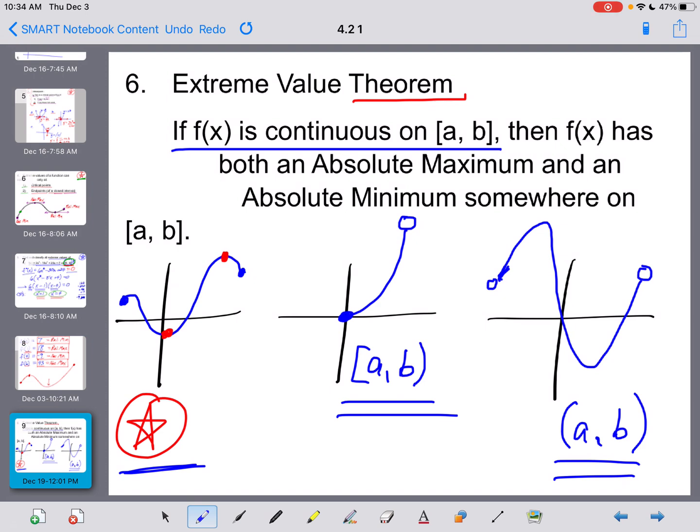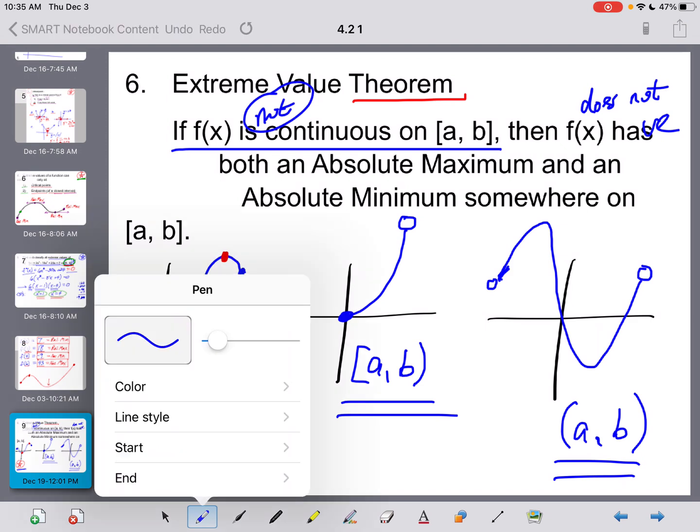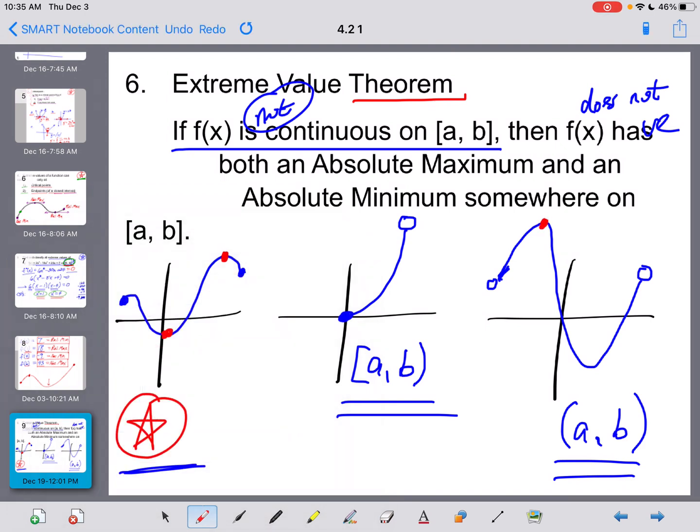If the function is not continuous on the interval from a to b, then f of x does not have an absolute min and an absolute max somewhere on the interval from a to b. And everybody, that statement is false. The reason that I wanted to draw this is because this is an example of a function that isn't continuous, and yet it does have an absolute max right here, and it does have an absolute min right here.